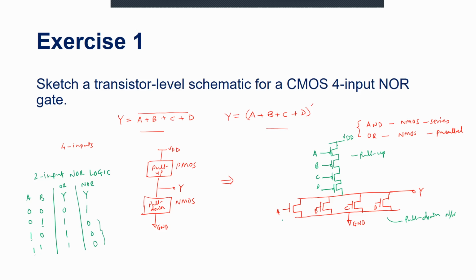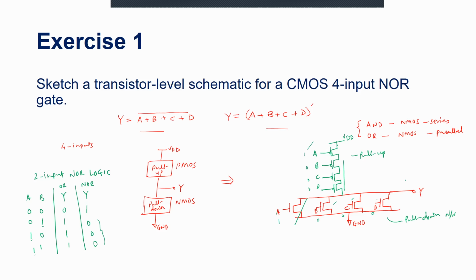So we can try here. Let's say A is equal to 1 and B, C, and D are 0. So we know that the switch for A will turn on, and the switches for B, C, and D will be open. All the PMOS switches will be closed, except the one for A, which will be open.